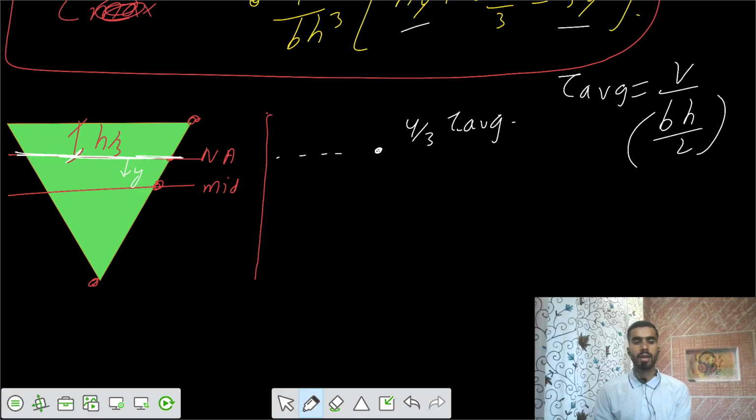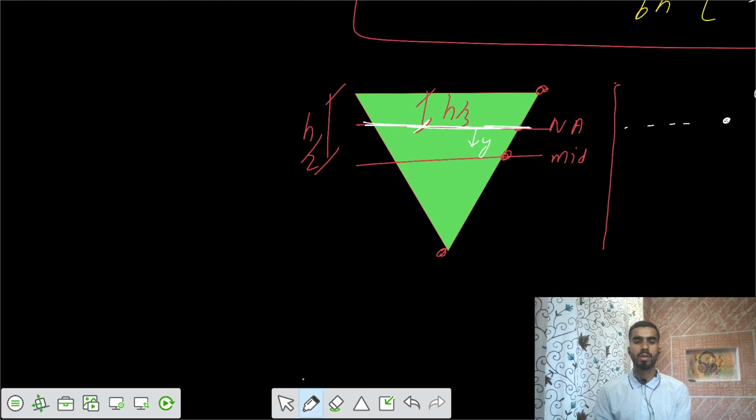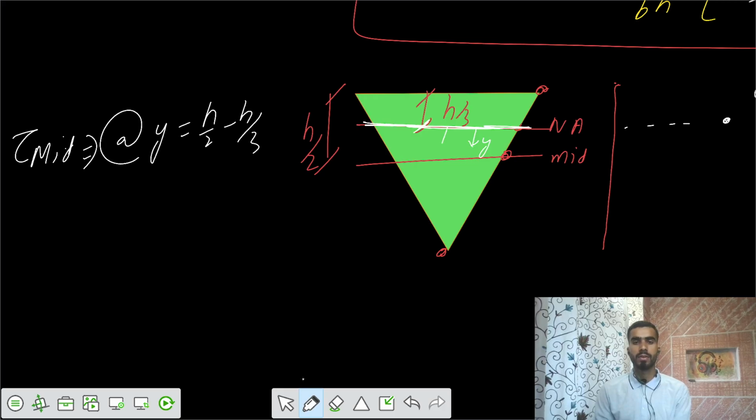Now you want to know the value of shear stress at the mid location. That means at y equals the difference, so tau at mid is at y equals h by 2 minus h by 3, that equals h by 6.